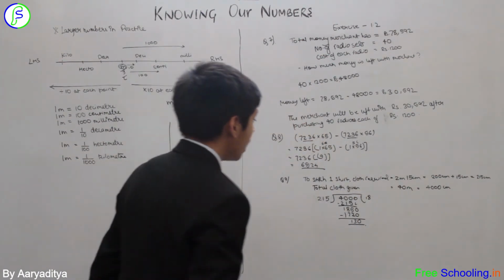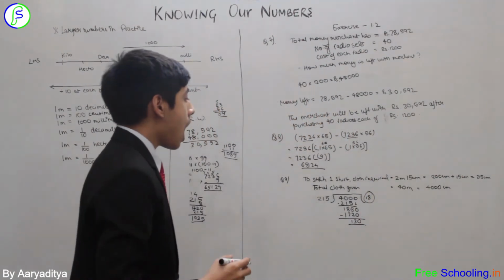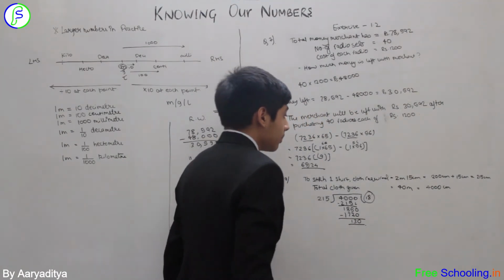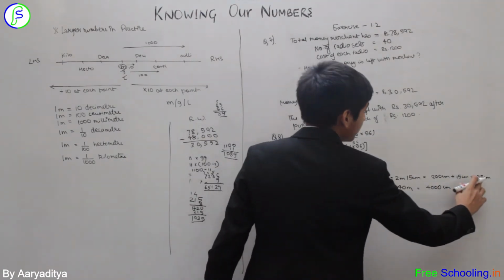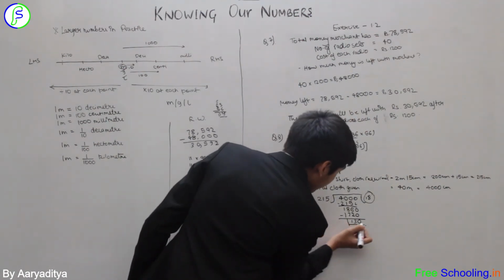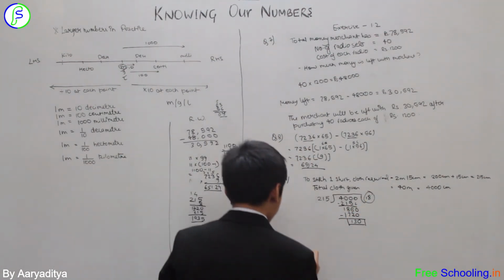Okay, so a total of 18 shirts can be made out of a 4000 centimeter cloth if each shirt takes 215 centimeter to be stitched, and total cloth remaining is 130 centimeter. So let me write the statement.